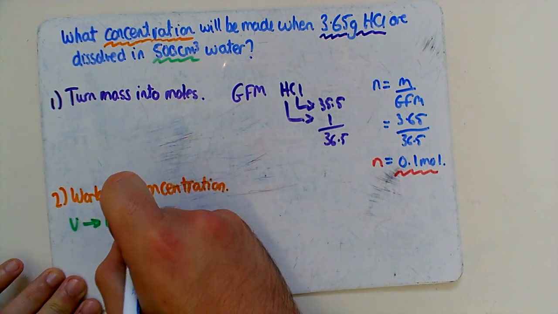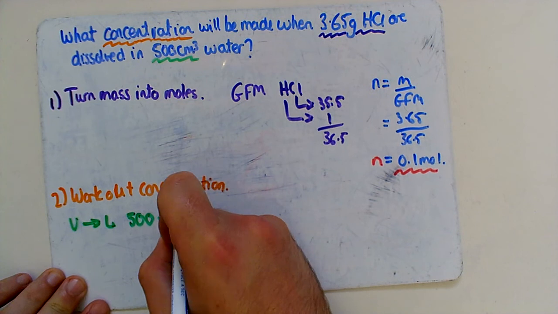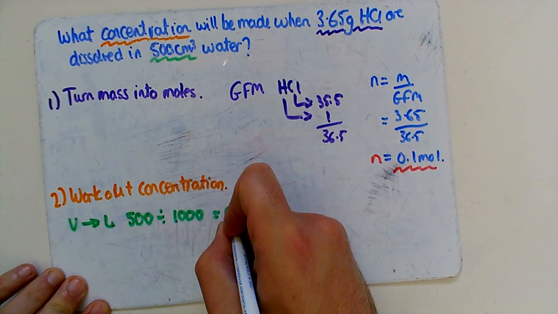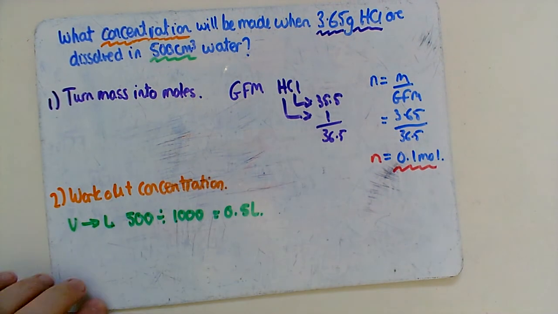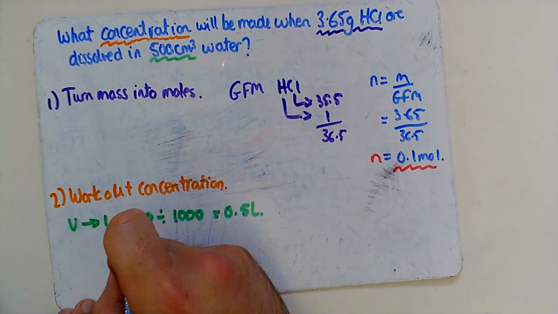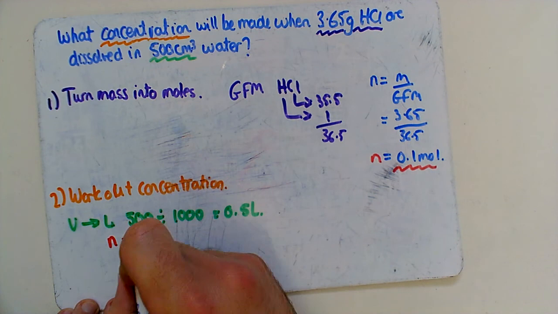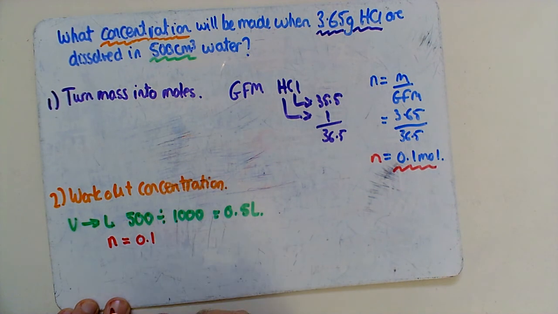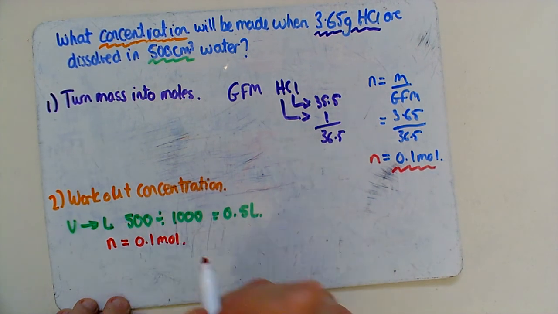So that is 500 divided by 1,000, which equals 0.5 litres. And we know that N is equal to 0.1 moles.